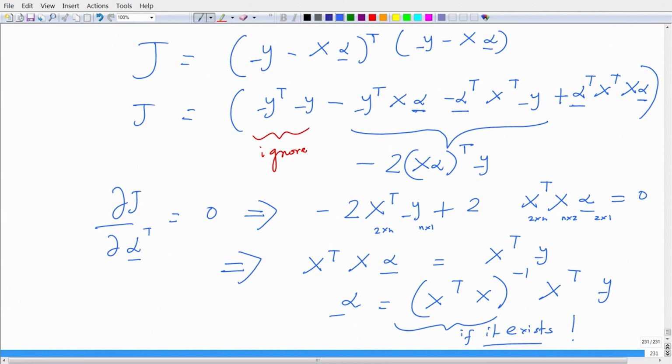To have an inverse we need a square matrix, so we land up with a pseudo inverse form like this. Now, you may question if the inverse of X transpose X exists. If it exists, there is no problem, we can solve for alpha uniquely.